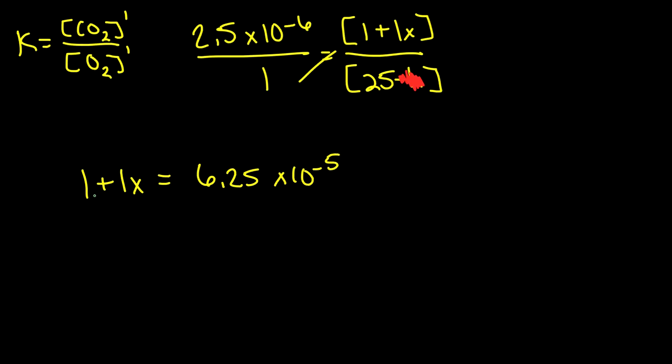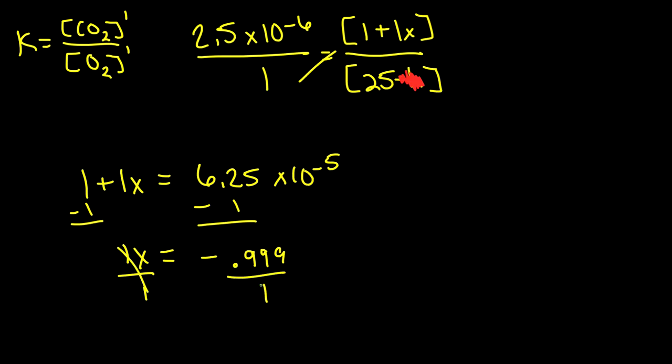Now let's add like terms. Subtract 1, subtract 1. So 1x equals negative 0.999. Divide by 1. X equals negative 0.999.